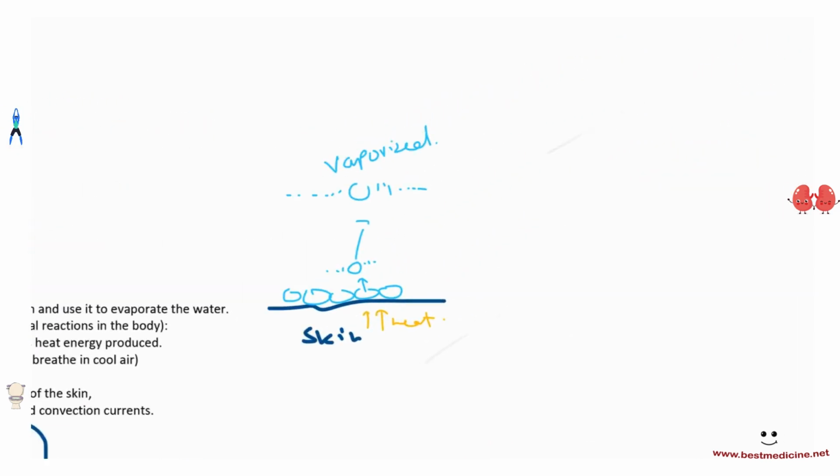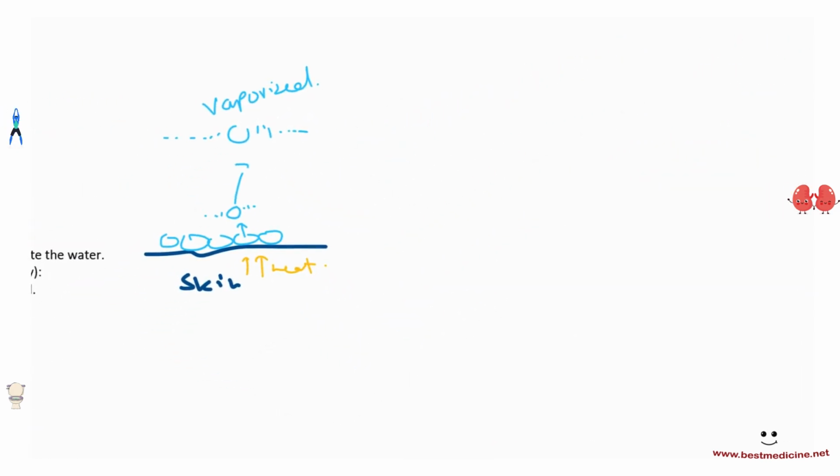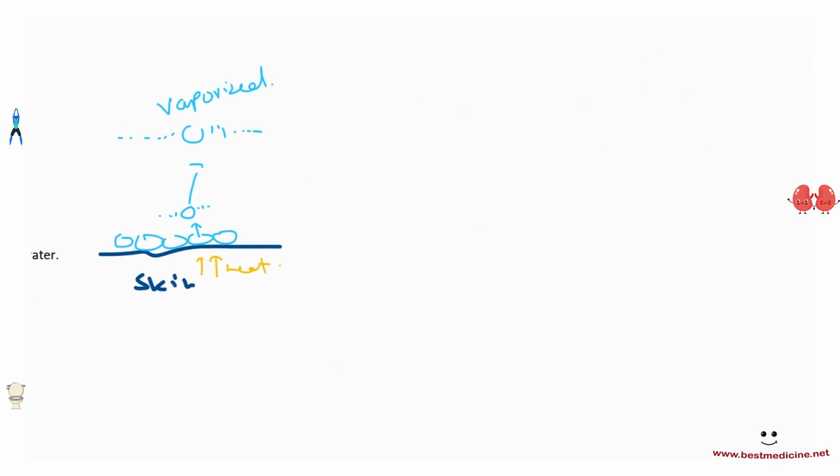Let's have a look. Have you studied physics? And in physics, have you studied something called latent heat of vaporization? If you know that, then you should assume that sweat essentially takes away energy, thermal energy, from the body as the water molecules escape. So how does this work?